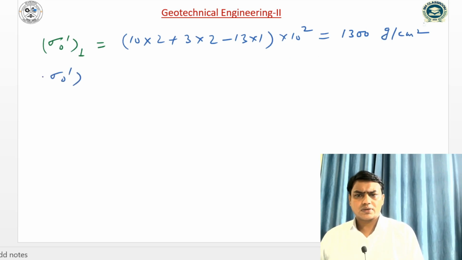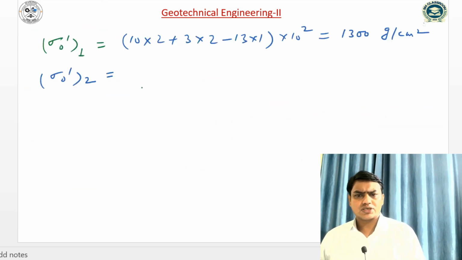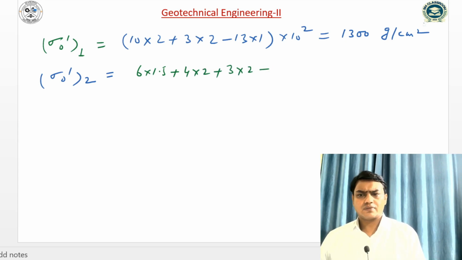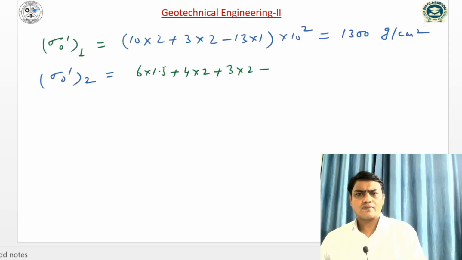Sigma 0 dash, when the water table position is changed, will be 6 into 1.5 plus 4 into 2 plus 3 into 2 minus, now the water table is at 7 meters, so 7 into 1 into 10 to the power 2.